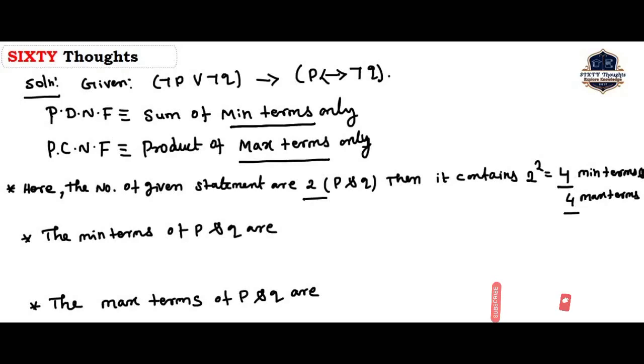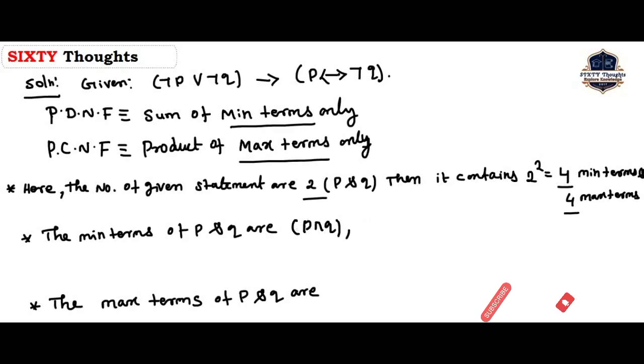First we write the possible min terms of the given variables. One is P and Q. This is one of the min terms. What is the second possibility?